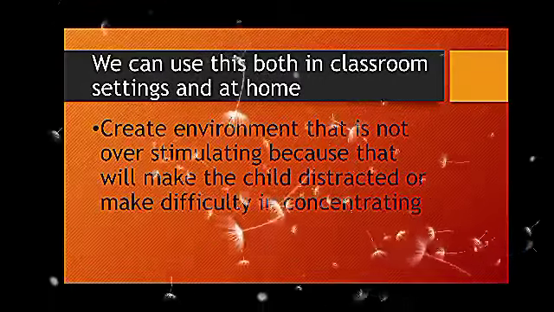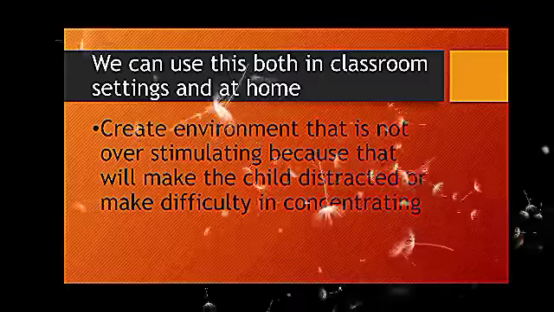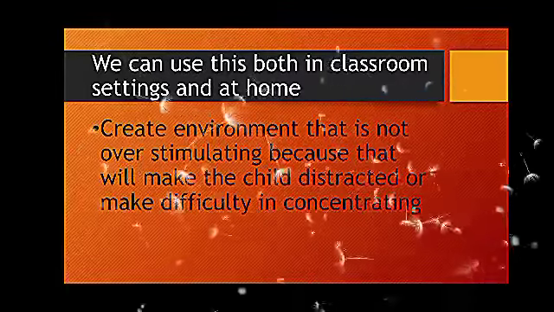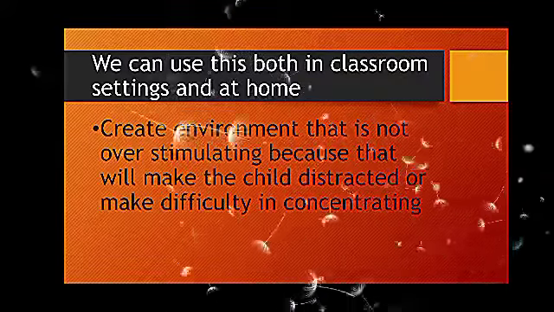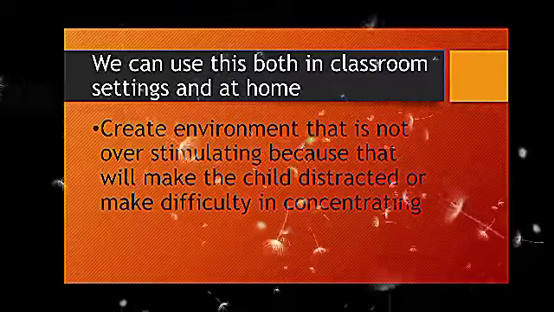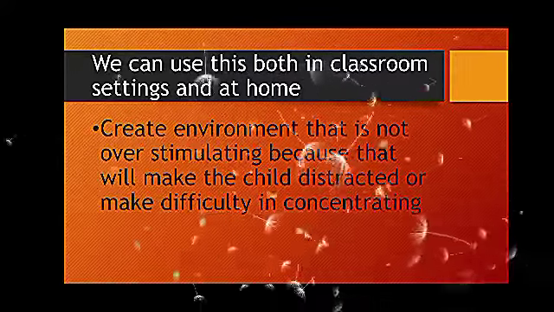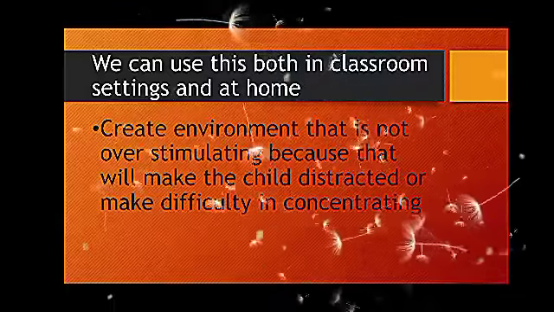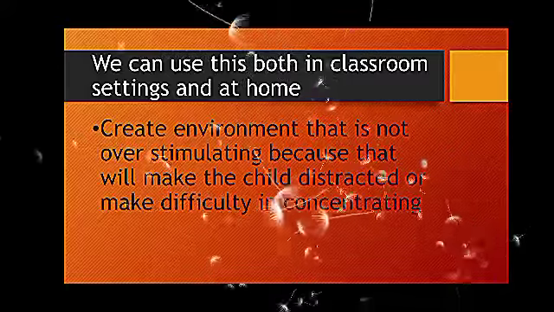Create an environment that is not overstimulating, because that will make the child distracted or make it difficult to concentrate. If we provide an overstimulating environment for individuals with autism spectrum disorder, it will be very distracting for them for learning anything.